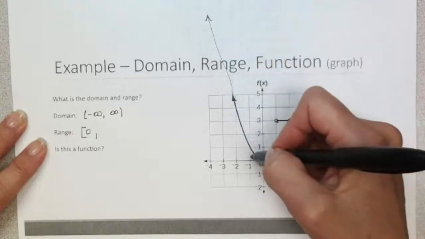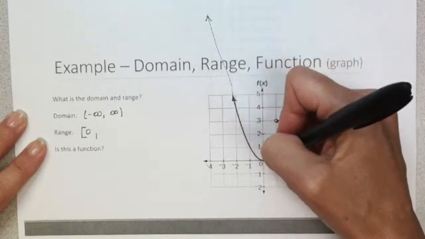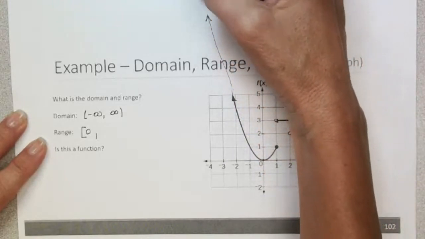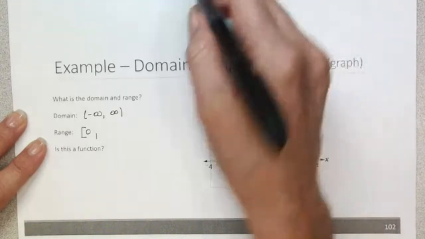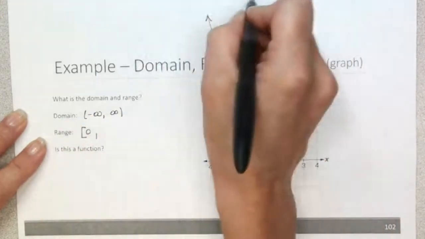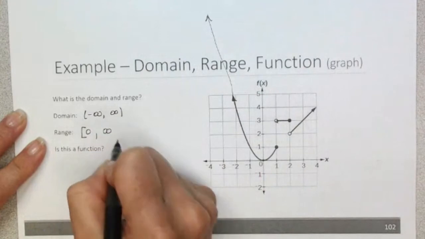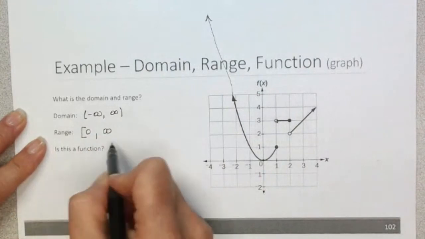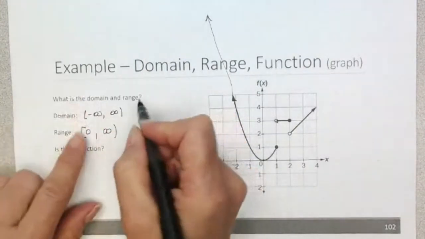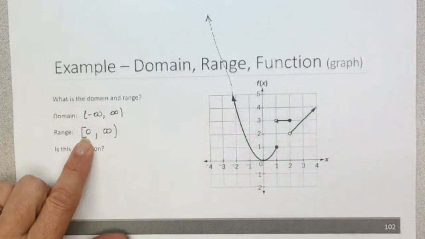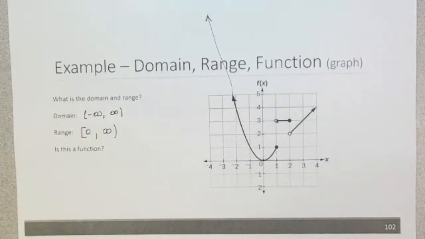All those points off to infinity, all those y coordinates can exist there, so there is no upper boundary, and I would say that this range is from 0 to infinity, closed at 0.